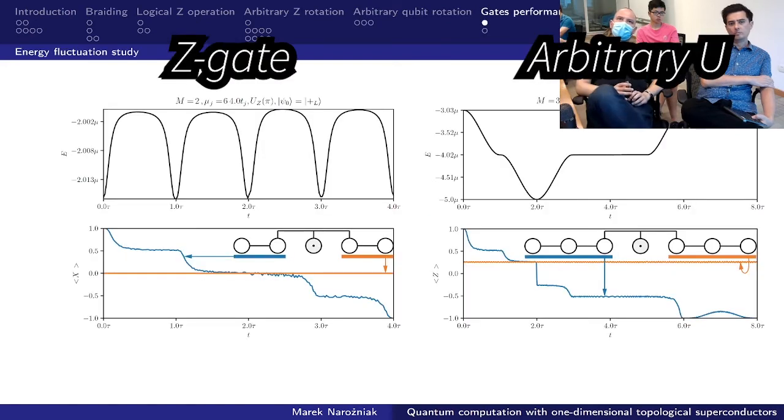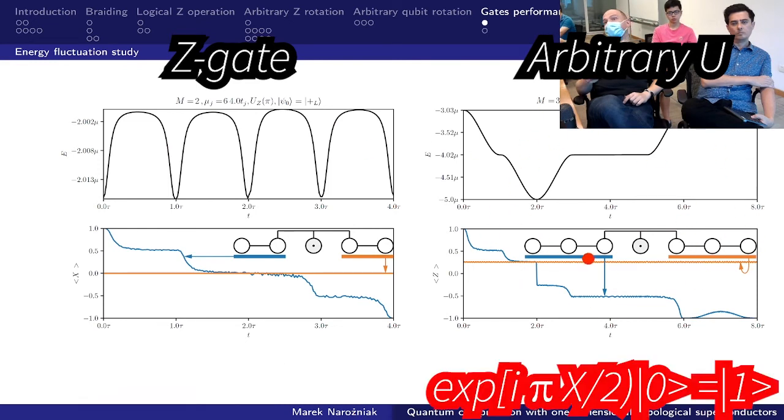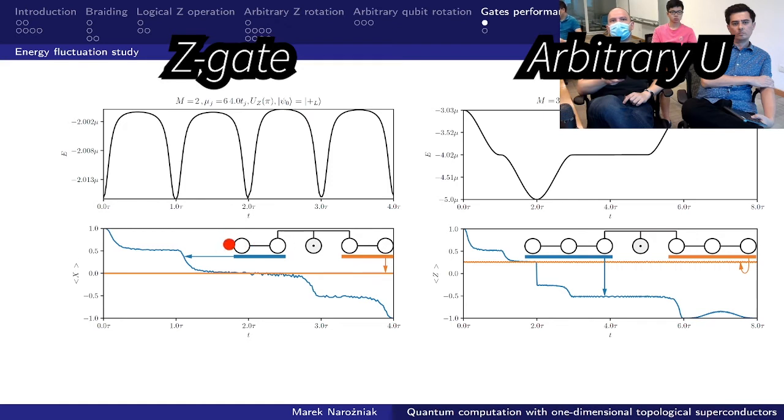So let's have a look at some results. These are simulations of a few of the protocols you saw earlier. The left plot is the Z rotation by angle pi, and the right plot is the arbitrary rotation about X, also angle pi. The initial state here is a plus state. That's why the expectation value of X is 1 on the left side.